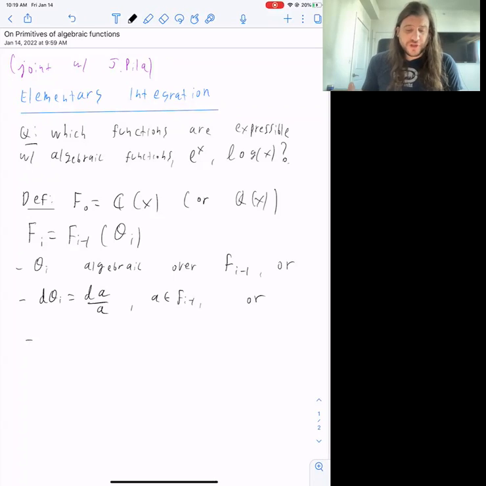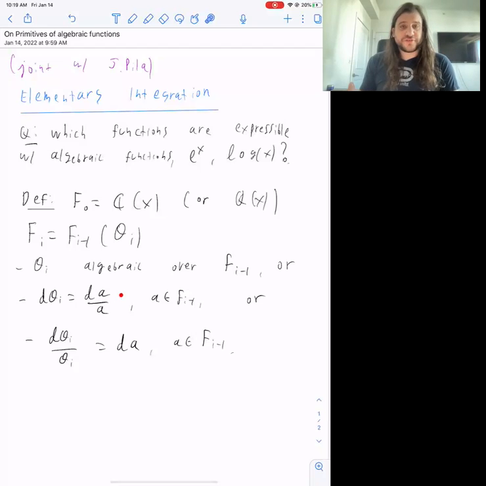Or, so this one is log, and then exp is the same thing, but we flip the relation: d theta I over theta I is equal to dA for some a in Fi minus 1. So again, this one is a differential field way of recording that theta I is log of a, where a is some function we've already achieved, and this one is saying that theta I is exp of a.